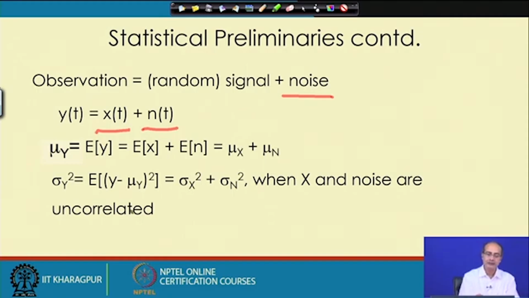In the same way, we can find the variance of the observed signal, and with a simple calculation it can be shown that it is the sum of the variance of the signal of interest, that is sigma x square, plus the variance of the noise.